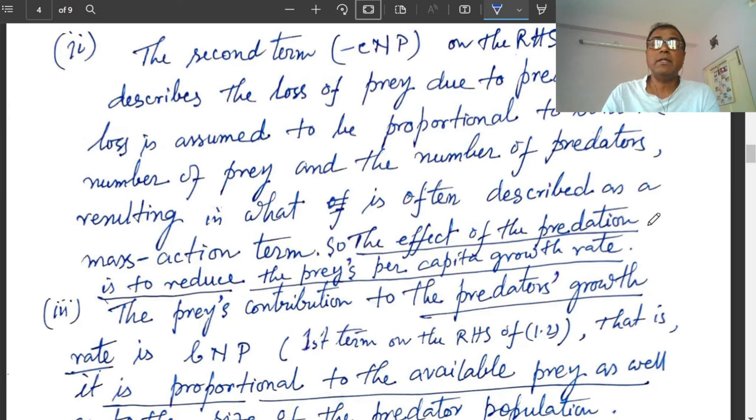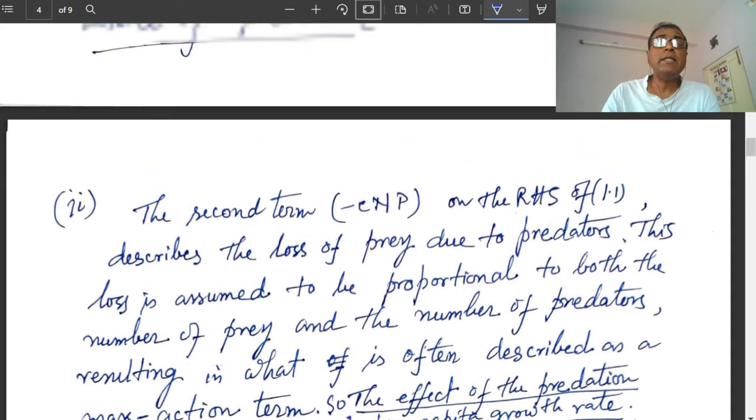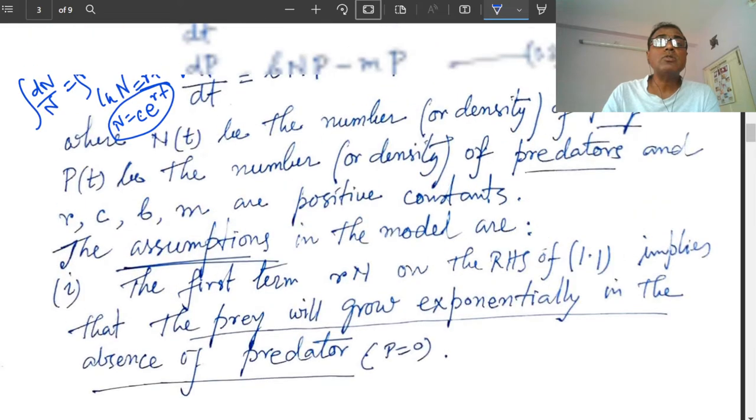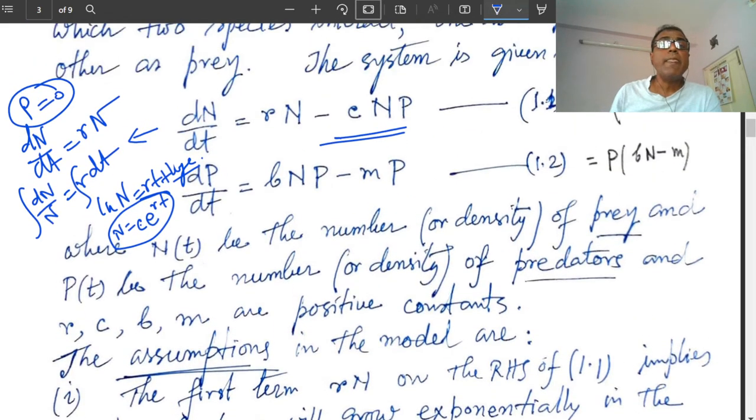The prey's per capita growth rate means (1/N) dN/dt, and this term is minus.